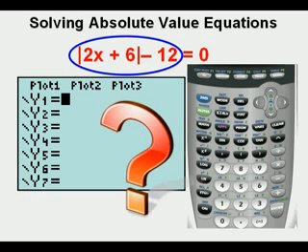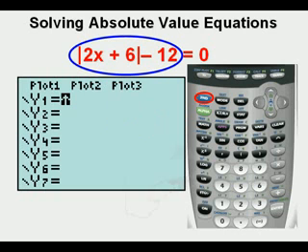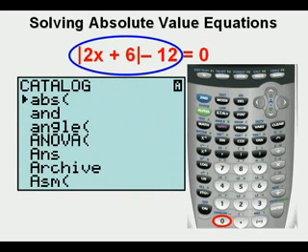How do we enter an absolute value into the graphing calculator? Well, we do it by first pressing the second key, then we press the 0 key at the bottom of the keypad with the word catalog above it. We're looking for the ABS, or absolute value operation, which luckily happens to be alphabetically at the top of the catalog.